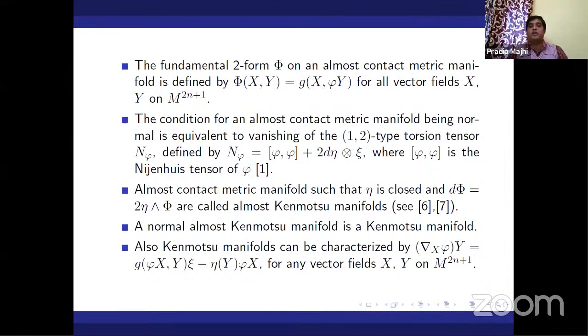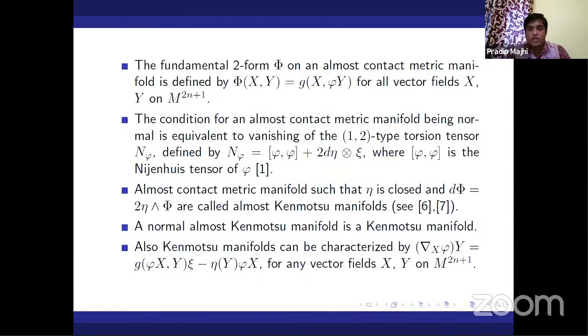An almost contact metric manifold such that eta is closed, meaning the exterior differentiation of eta is 0, and d phi equals 2 eta wedge capital phi, where phi is the fundamental two-form, is called an almost Kenmotsu manifold.